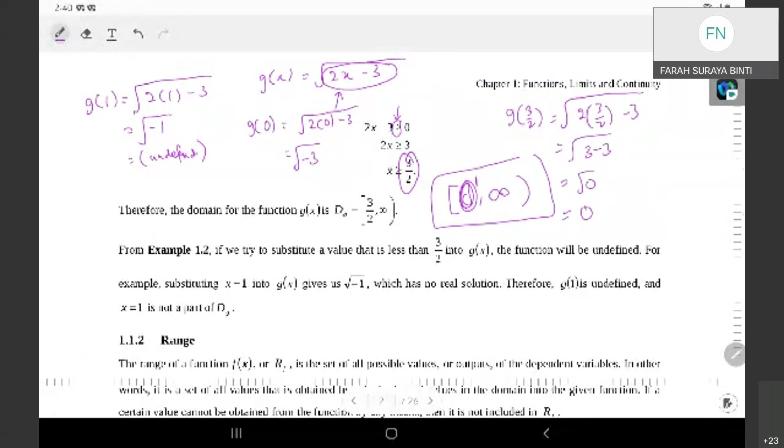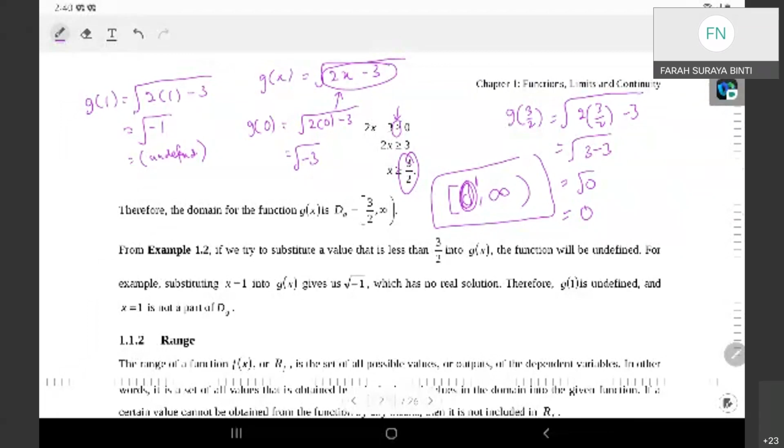So, maksudnya this function is only defined when the value of x starts from 3 over 2 dan ke atas. Bawah daripada 3/2, function ni akan jadi undefined. Okay, sebab tu domain dia adalah start daripada 3/2 hingga ke atas.